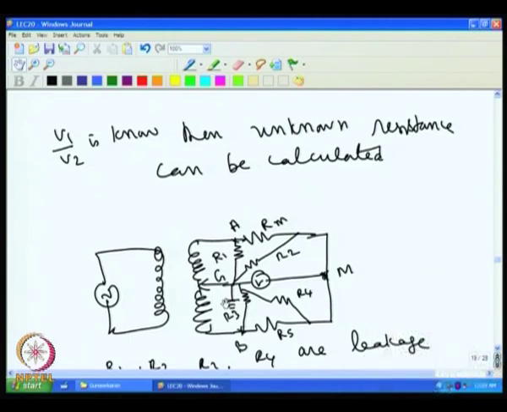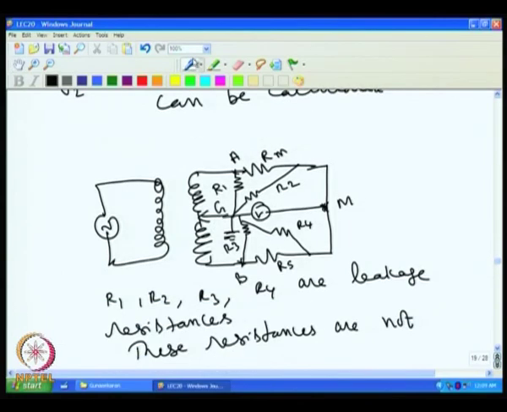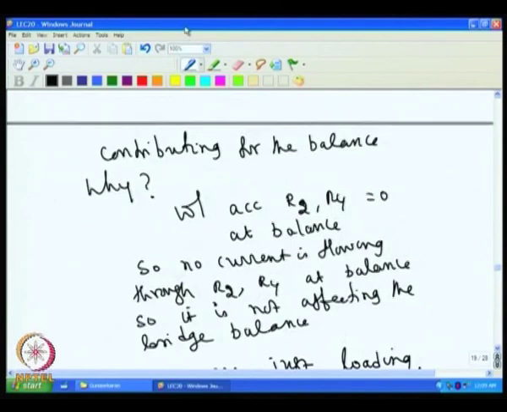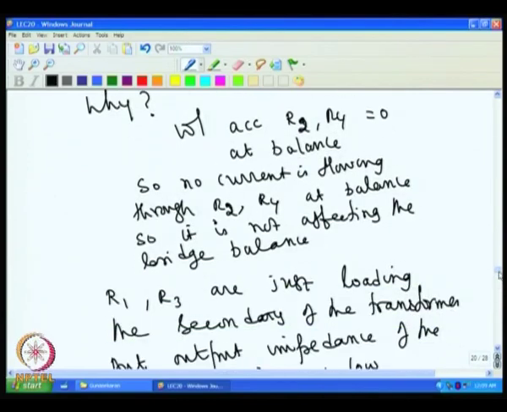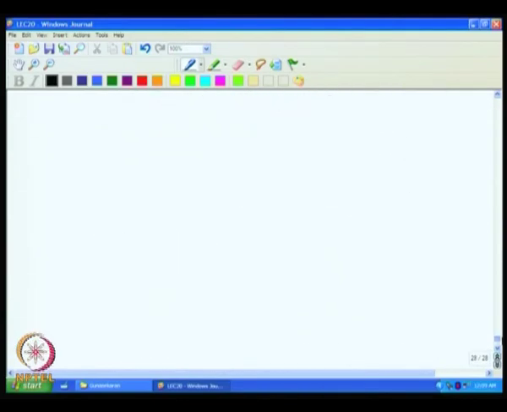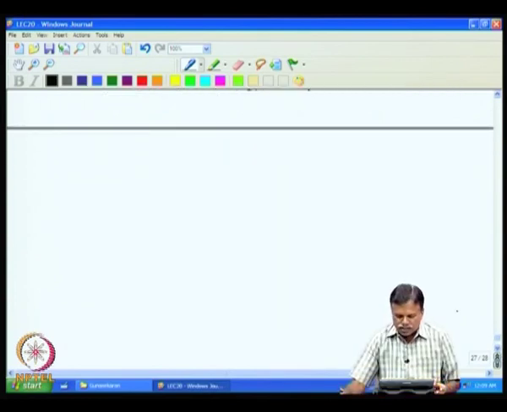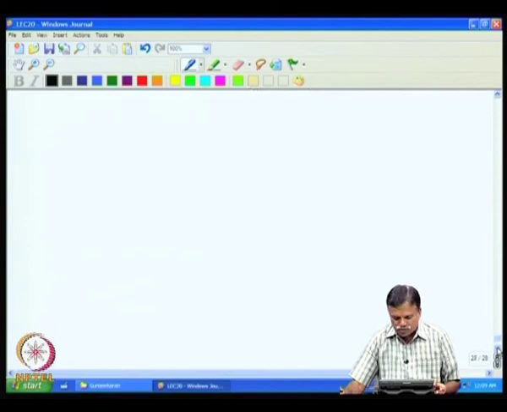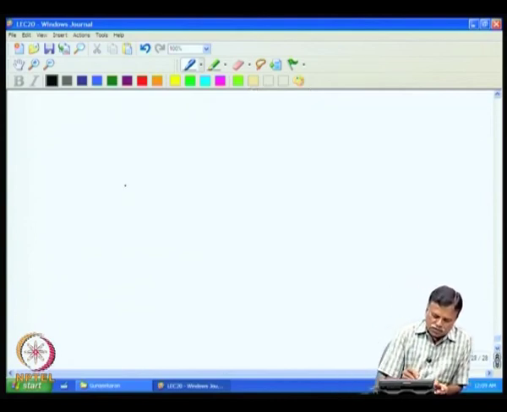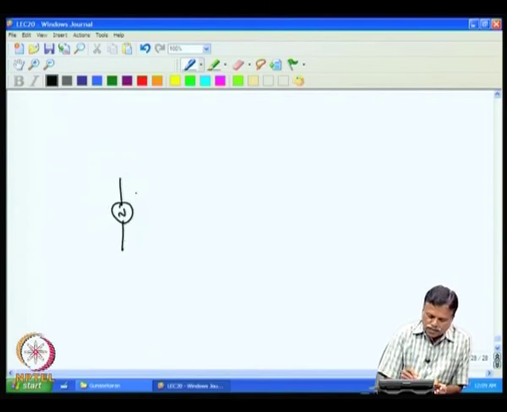We can achieve that using an operational amplifier. For example, I can show you how to make this measurement using an operational amplifier. The same bridge can be obtained, but there is no need for balancing. We can have an AC voltage source from an oscillator. This voltage can be applied to an operational amplifier as a follower.